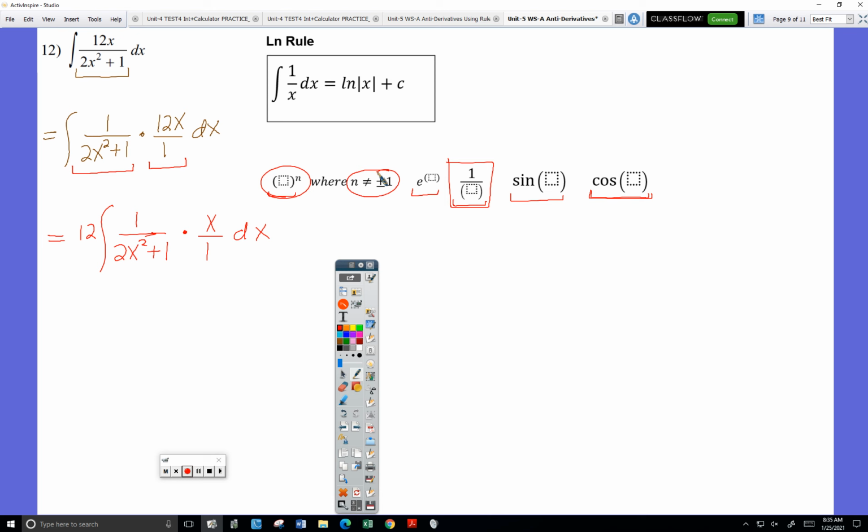Typo, should have just said -1. Thank you. Well done. Yeah, that's just mistyped. Sorry about that. Yeah, n still can't be -1 because that would make this really this.